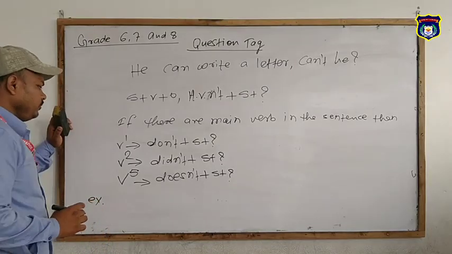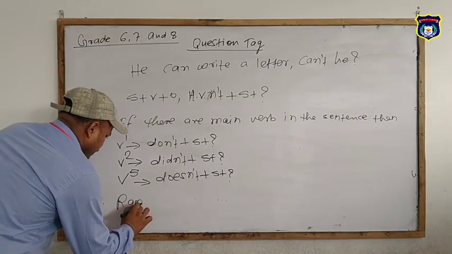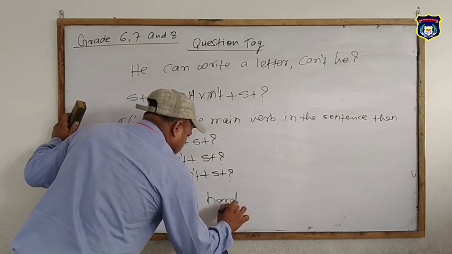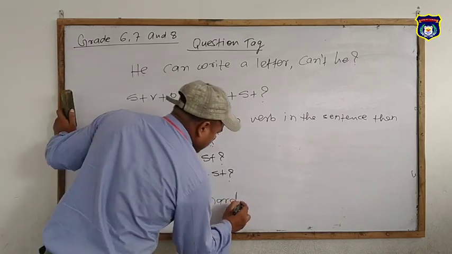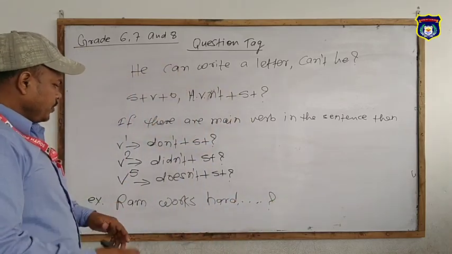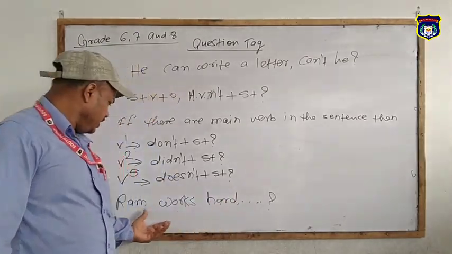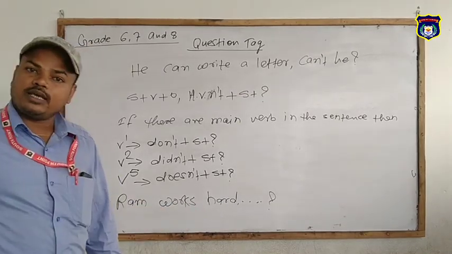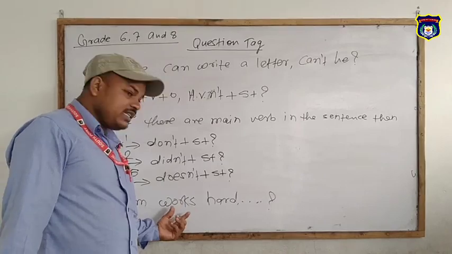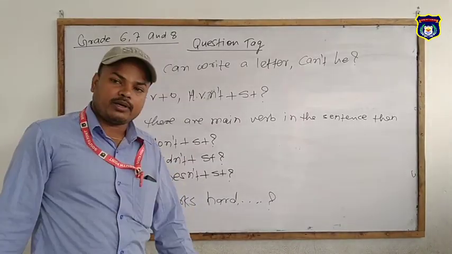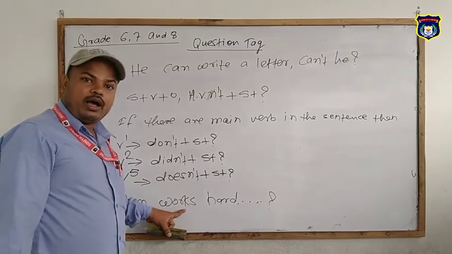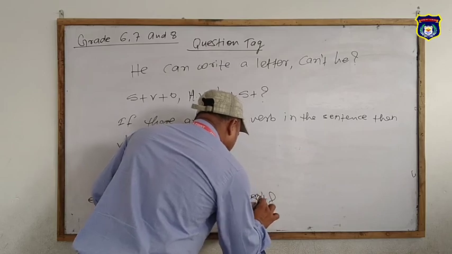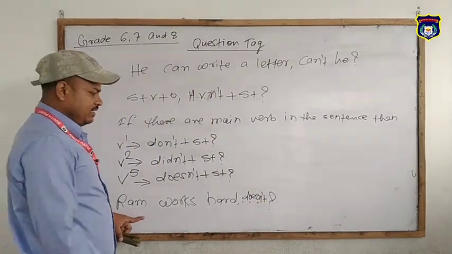Example, Ram works hard. Here there is no auxiliary verb. Here is a main verb. Works is the V5 form of the main verb. So for V5, doesn't plus subject. Doesn't, and for Ram, he is written.